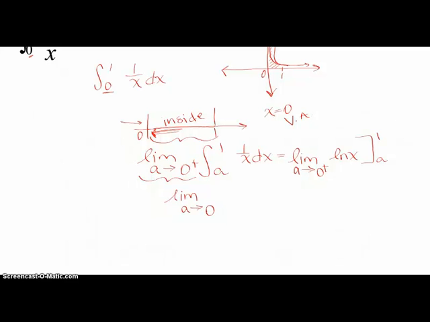So as we approach 0 from the right, we have the natural log of 1 minus the natural log of A. Now this interval, all the input values are positive, but if they weren't, if we were approaching some negative input value, then we would have the absolute value there, because remember, technically, that antiderivative is the natural log of the absolute value of x. Well, clearly here, we know the natural log of 1 is 0.